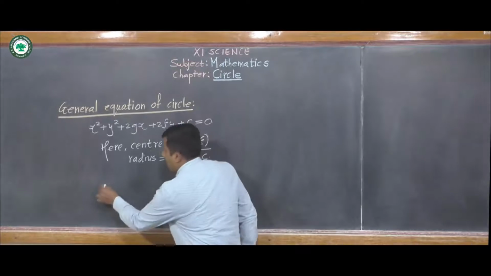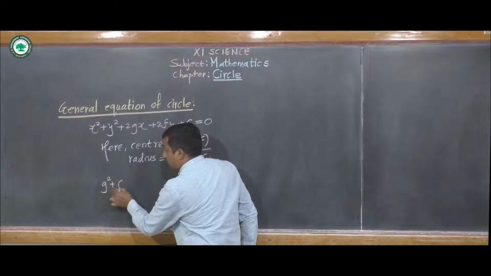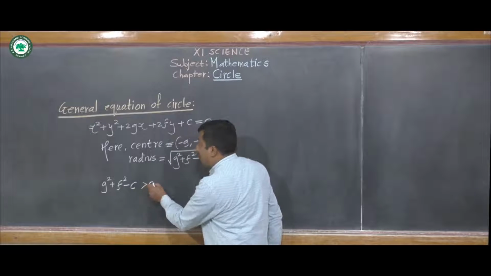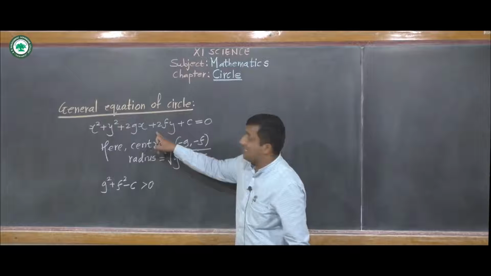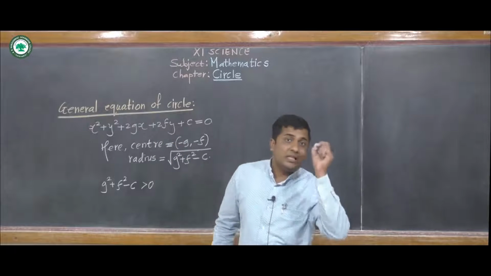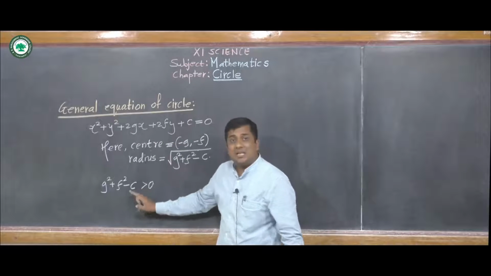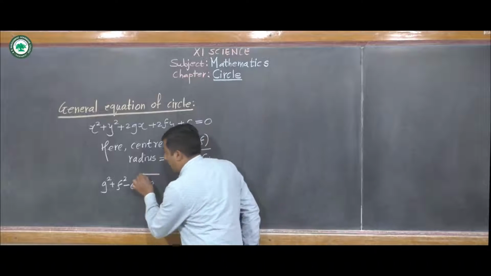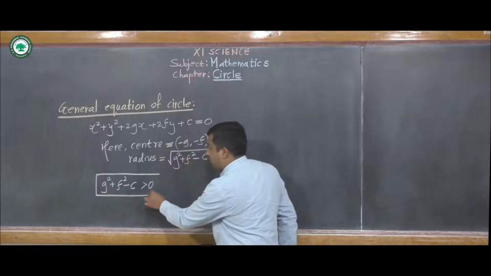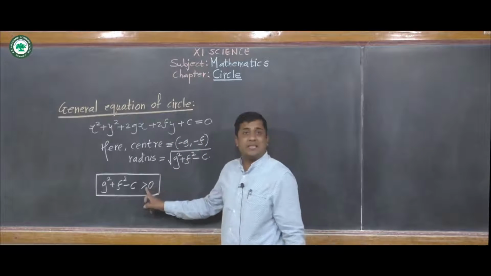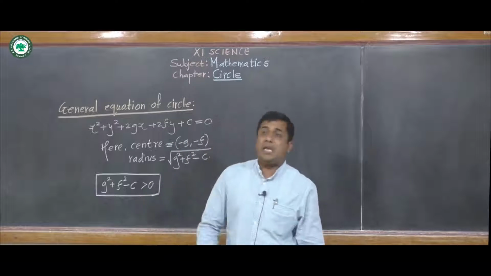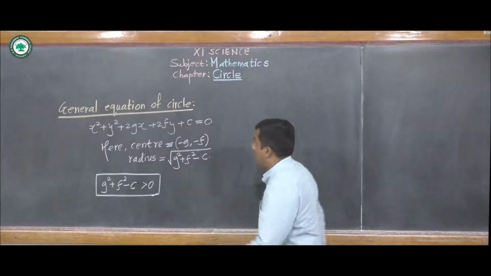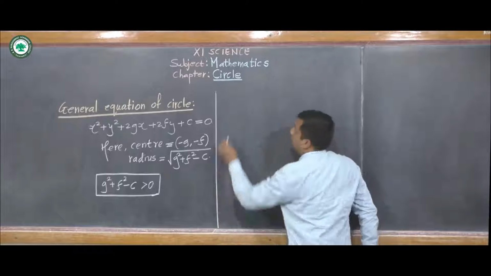If g square plus f square minus c is greater than 0, then this equation represents a circle. So this is the condition for the circle. Remember this condition also. I repeat, if g square plus f square minus c is greater than 0, then the given equation represents a circle. Okay, so we go with some examples.